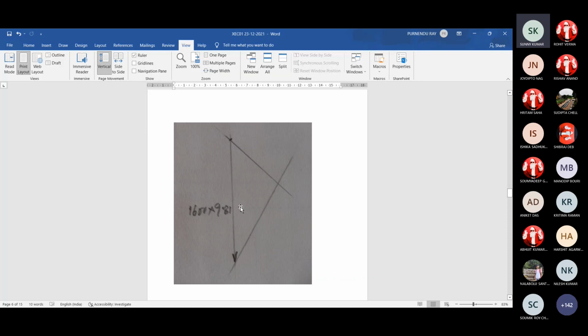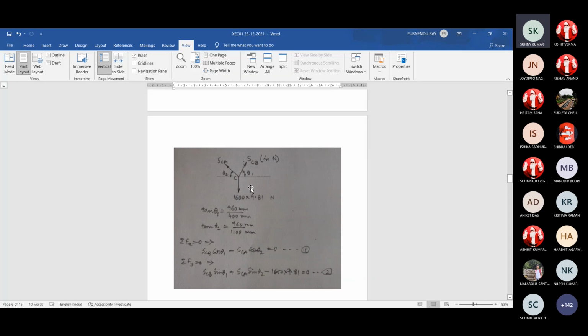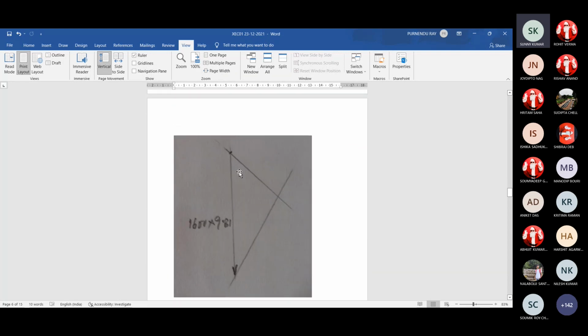A triangle naturally, and one is given completely. This one, a vertical downward force, almost 16 kilonewton, it is there, and we can represent on a paper by a straight line whose length will be proportional to this magnitude, around 16 kilonewton.